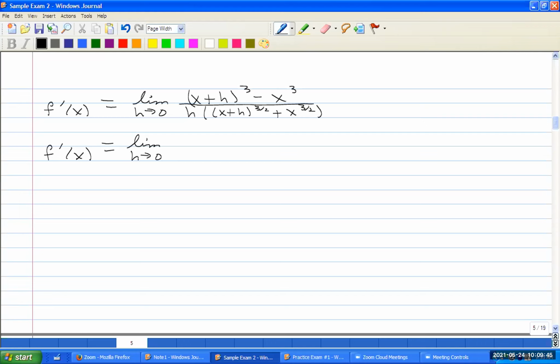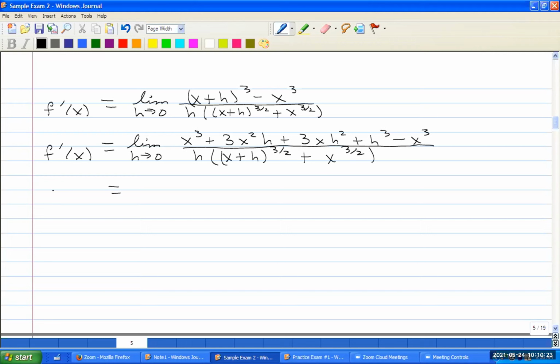So let's use the special product formula, well, the perfect cube formula or the binomial theorem: x cubed plus 3x squared h plus 3xh squared plus h cubed minus x cubed, all divided by h, times x plus h to the 3/2 plus x to the 3/2.